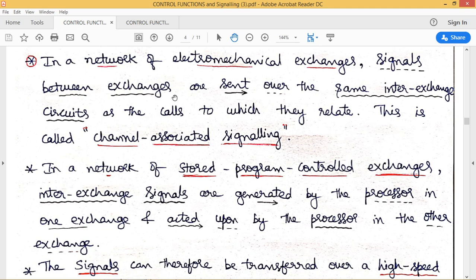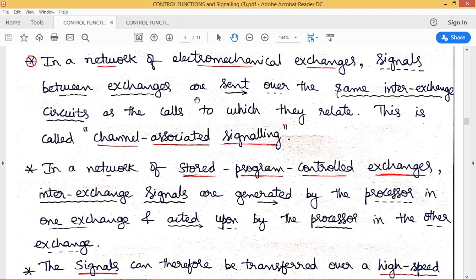Between a tandem exchange and a local exchange, there exists a circuit over which calls are being sent. On the same circuit, these control signals will be sent. Control signals are required for billing as well as for routing the call in an appropriate manner.